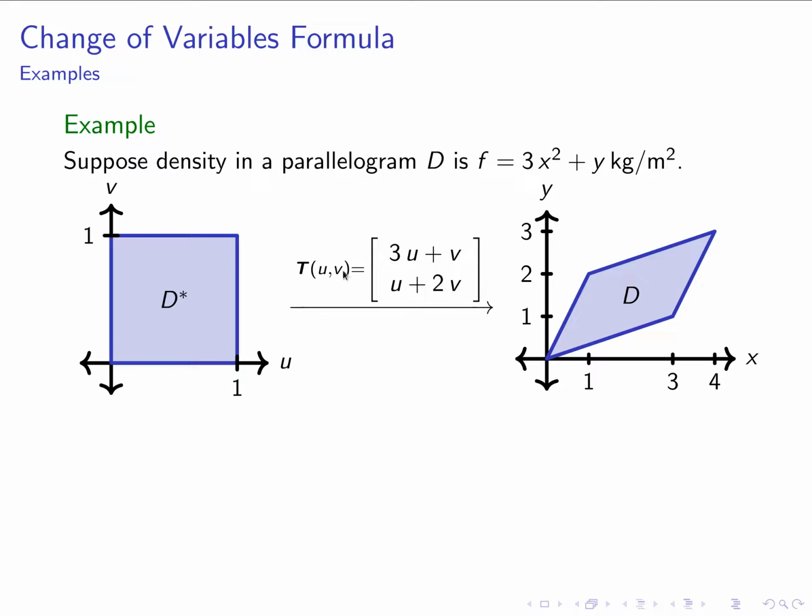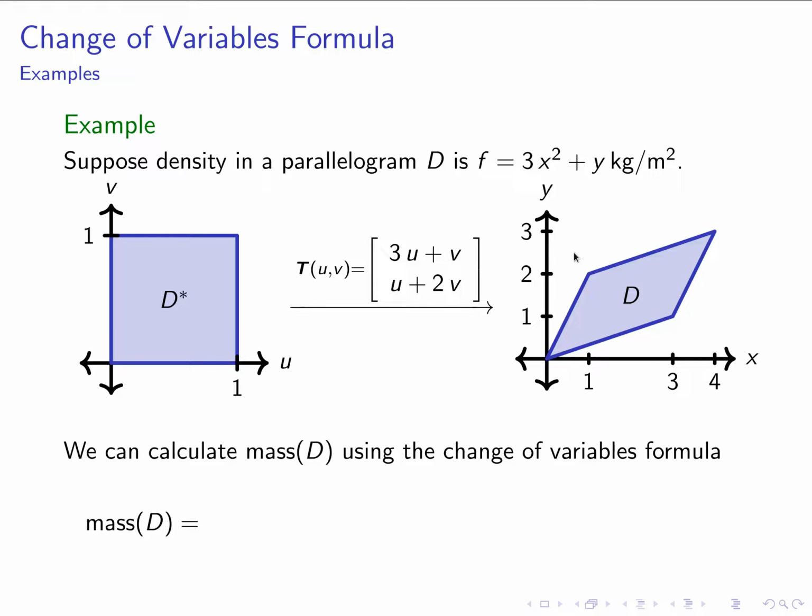Well, what we did previously was we introduced a change of variables function by looking at the matrix whose columns were the two vectors defining this parallelogram, and that related the unit square in UV space to the parallelogram of interest in XY space. So we can now calculate the mass of D by using the change of variables formula.